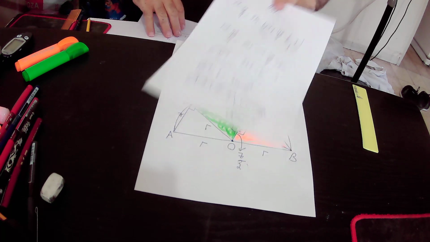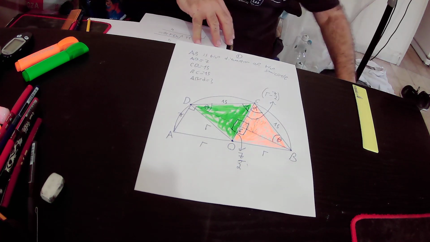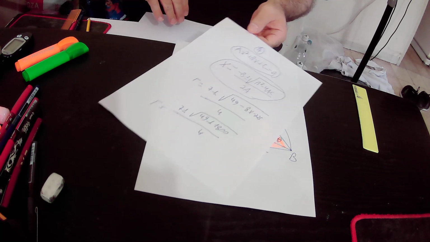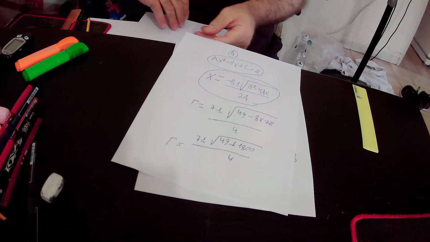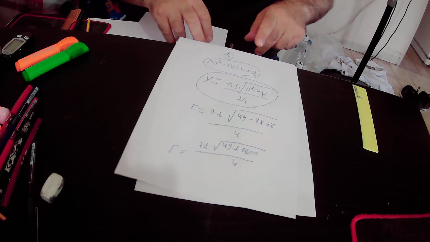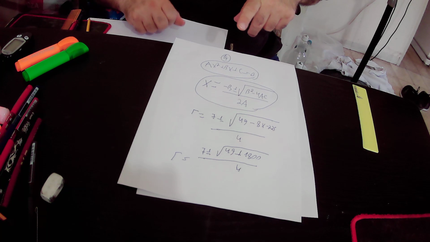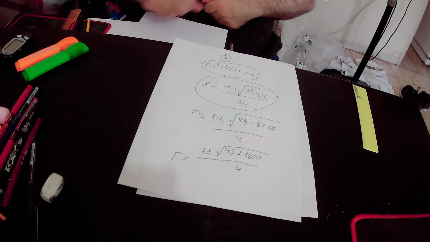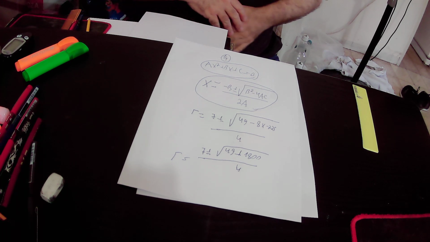We have a general formula for a quadratic equation, ax squared plus bx plus c equals 0, when a, b, and c are the coefficients and x is the variable that we want to find. We find the value of x according to the formula: x equals minus b plus or minus the root of b squared minus 4ac, over 2a.